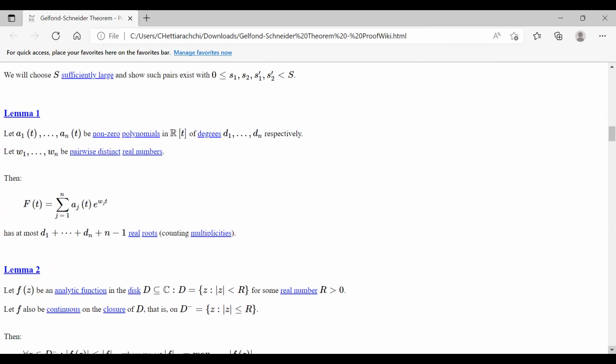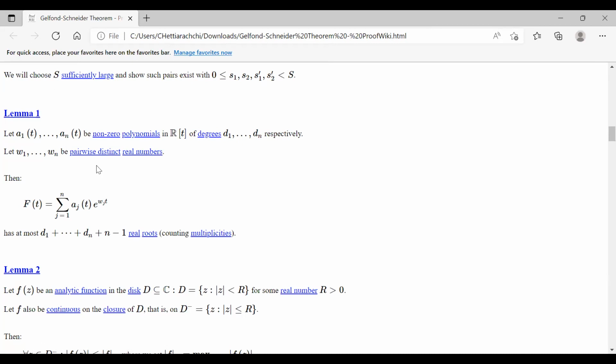The first one is, we have n polynomials, named a1 through an, with degrees d1 through dn respectively. And we choose w1 through wn pairwise distinct real numbers. Pairwise distinct means none of them are equal to each other.